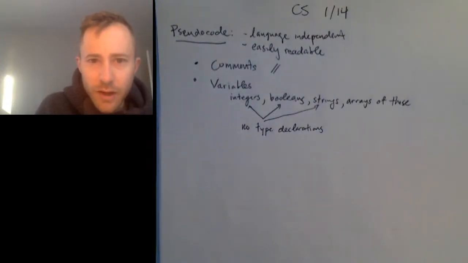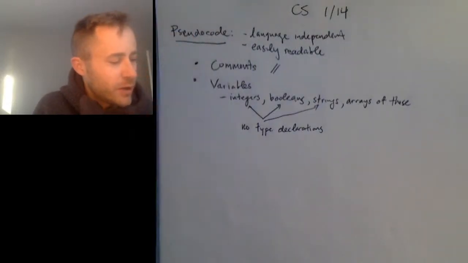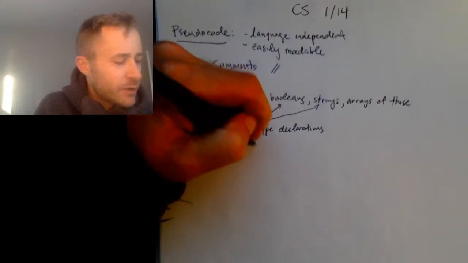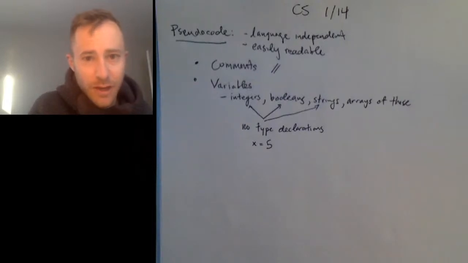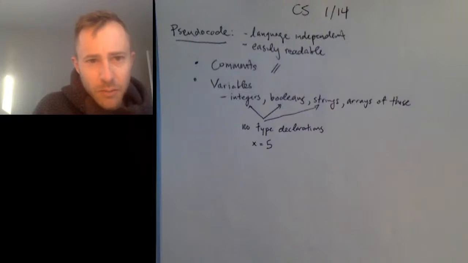So you would say, for example, just x equals 5. And then you're supposed to know that just based on that it is an integer data type. So it's a bit like Python in that sense.